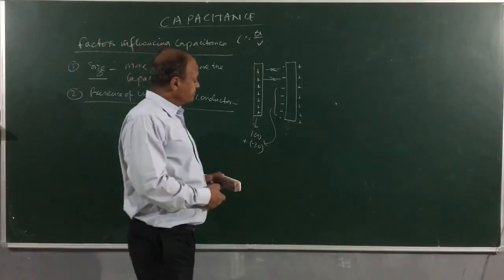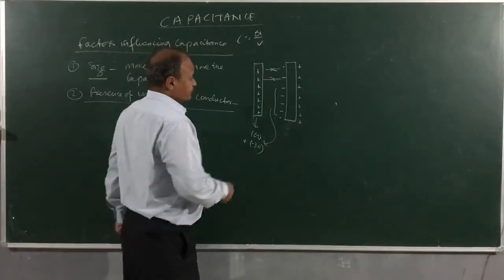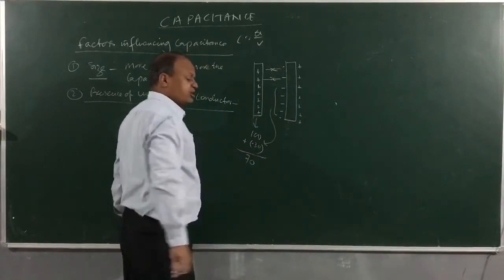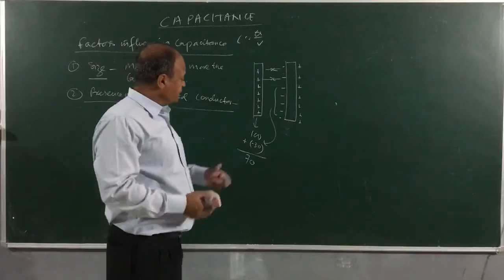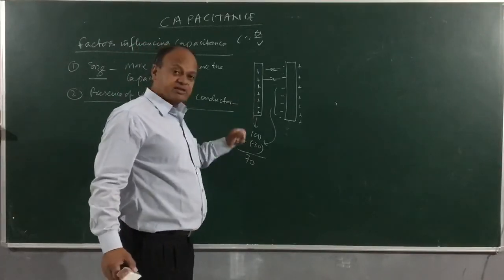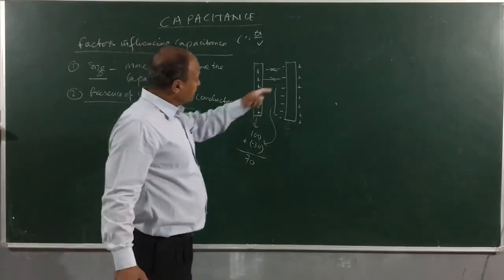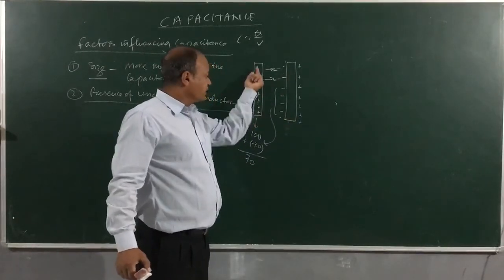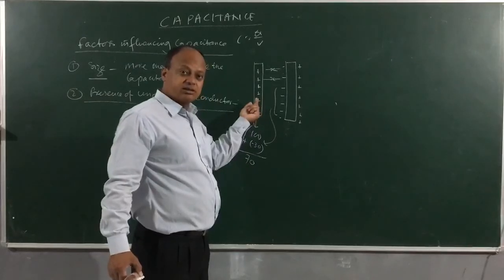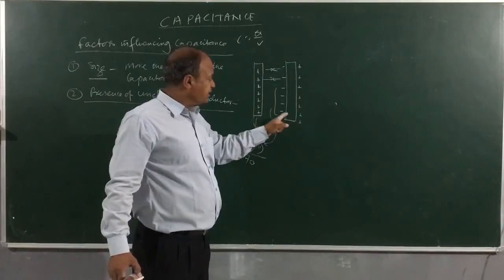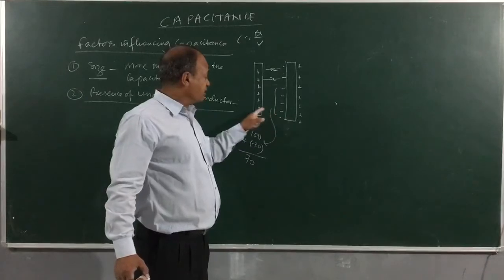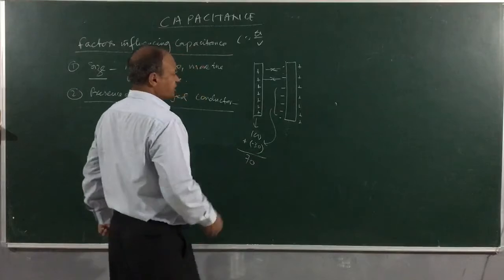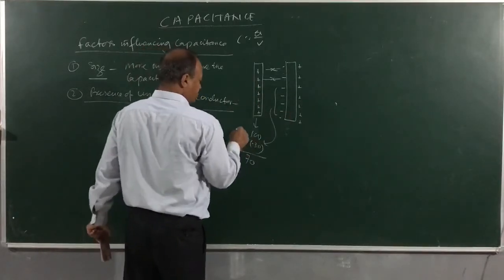But see, if these charges were not there, I would have got what? 70 units of potential, which was 100, it will become now 70. But the problem is that these positive charges will try to repel what? These positive charges. Even though they are at greater distance compared to negative charges, as they will be repelling, they will increase the potential of this one. So because these positive charges are there, I said this is potential V1.